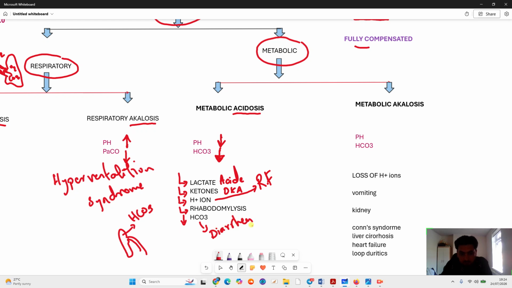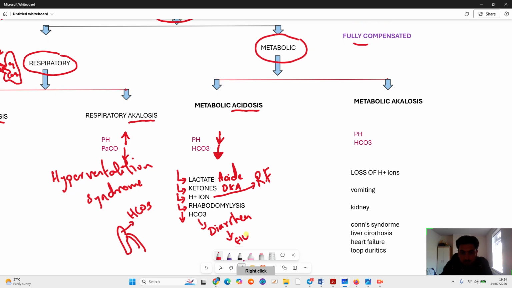Or in some situations like diarrhea, we lose bicarbonate. We lose more bicarbonate and metabolic acidosis will happen. So these are the conditions that might be the cause of metabolic acidosis.